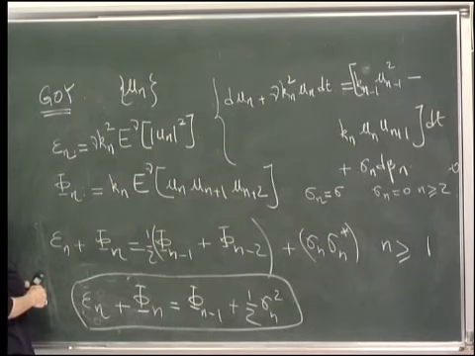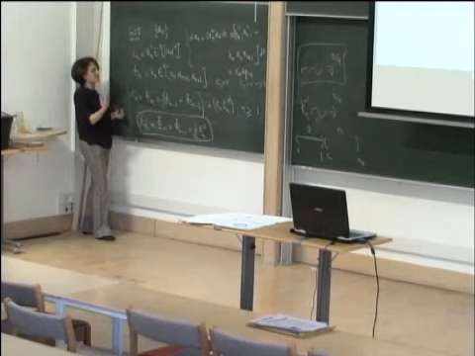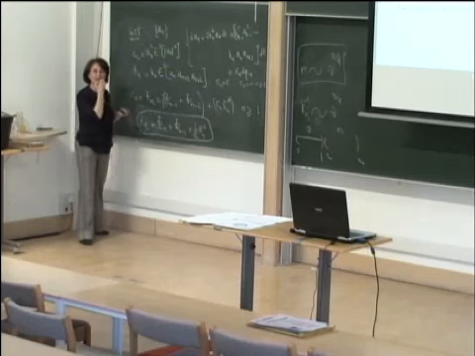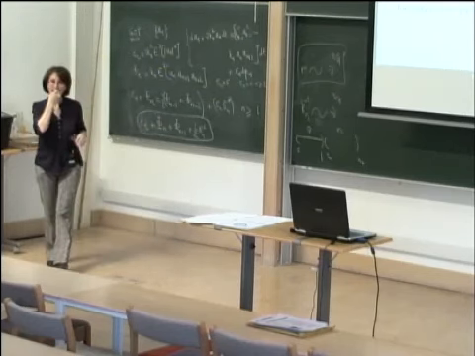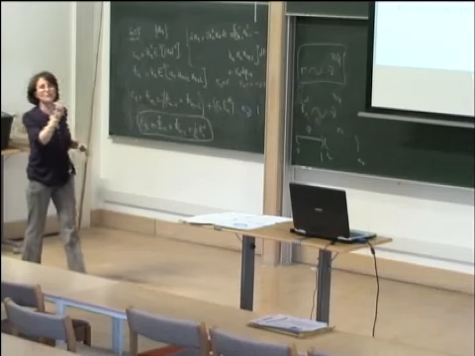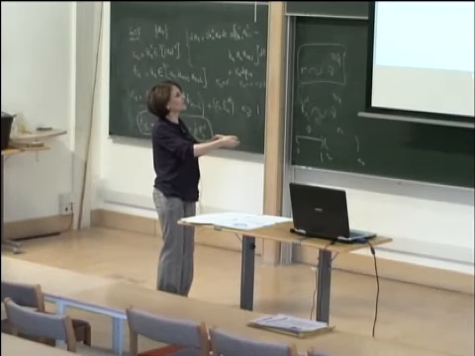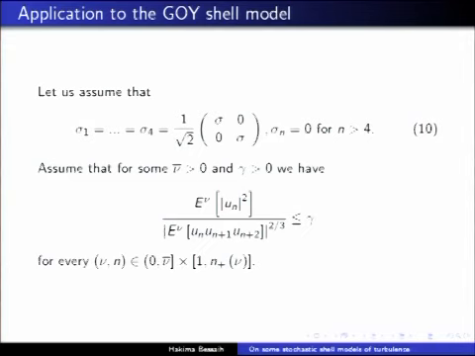I understand what you mean, that you need a bound which is uniform in n and nu. It's not uniform in nu, what I said. You're right, I wrote gamma here, but you can have even gamma nu. It's not necessarily uniform in nu.